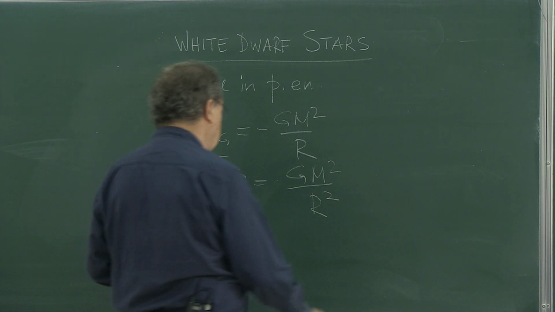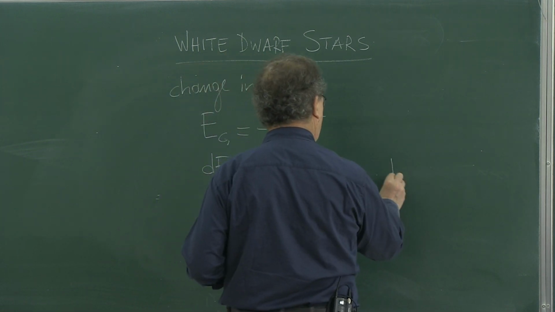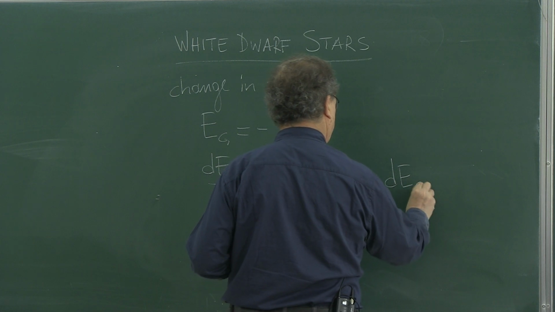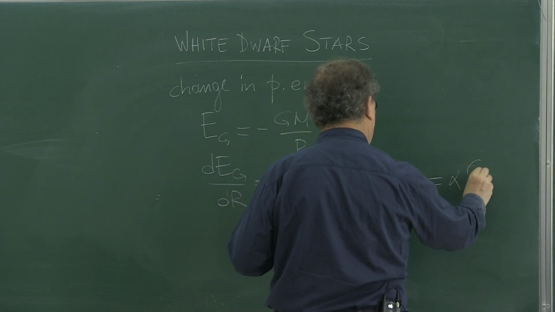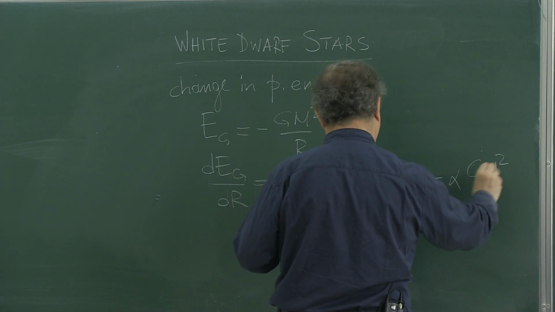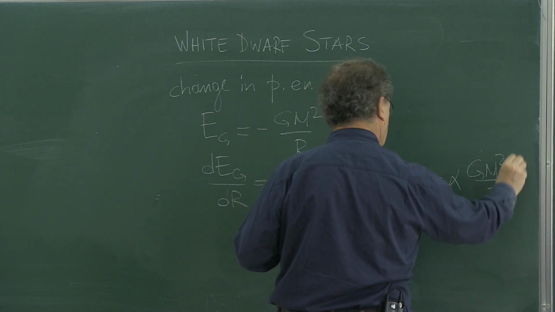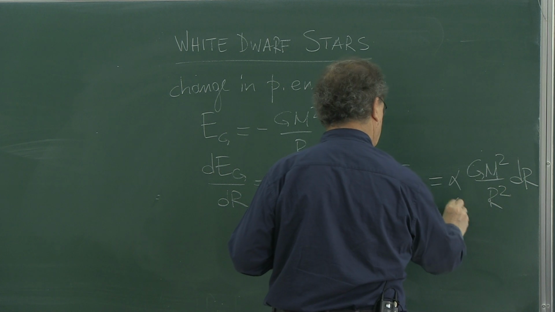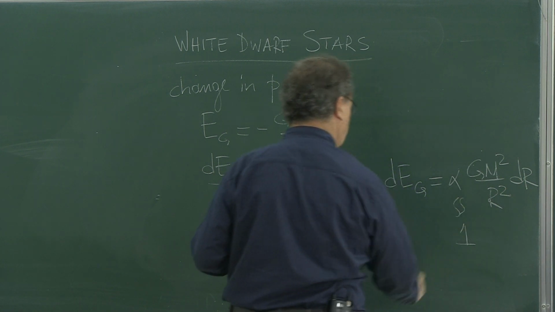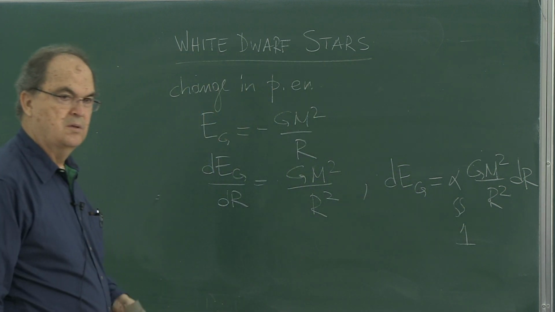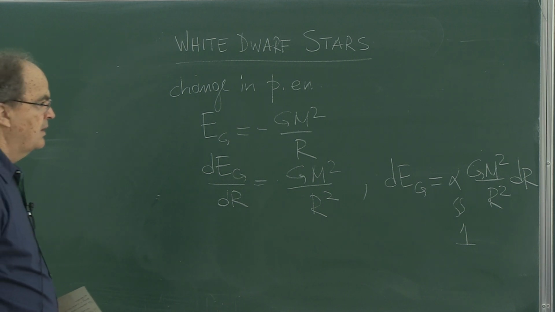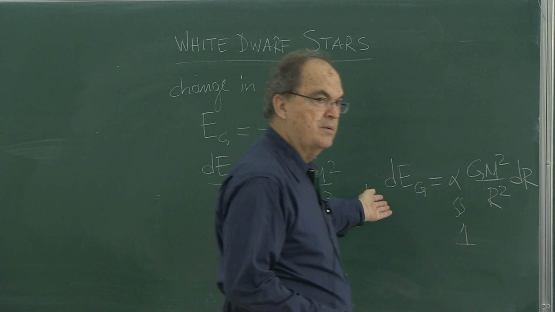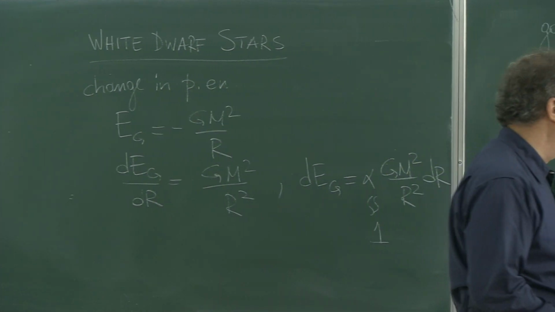So this gives a dE, which is some constant of order 1, G m squared over r squared times dr. We have the gravitational change in energy.